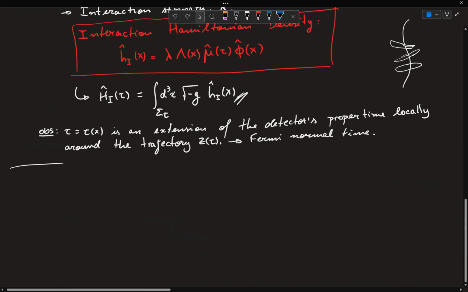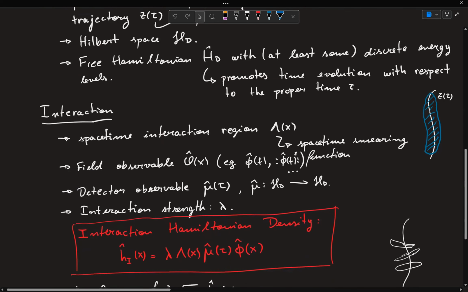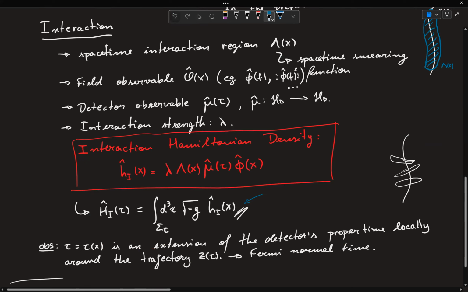When you do this integral, the one you wrote a little below, up to this point I was considering that the support would be only on the curve, the time-like trajectory.